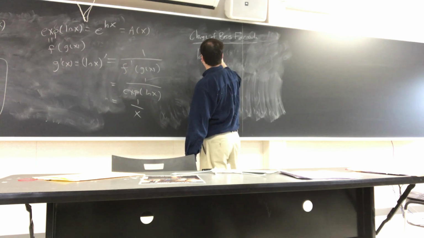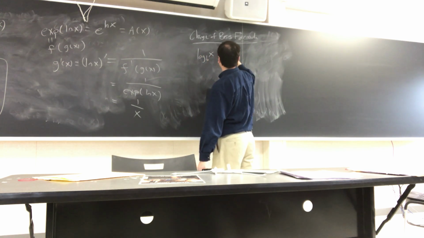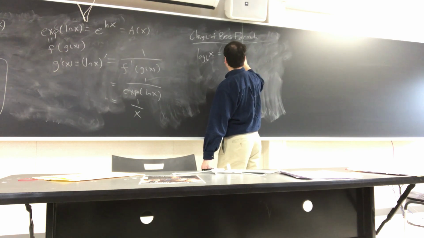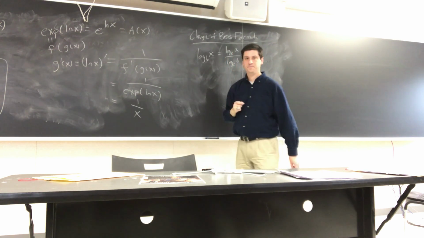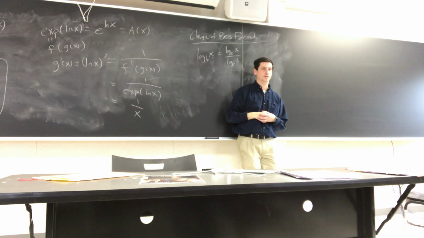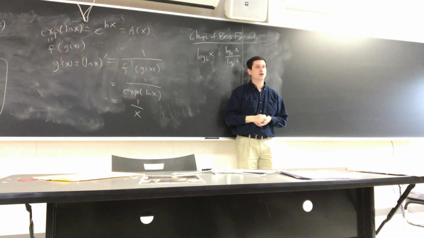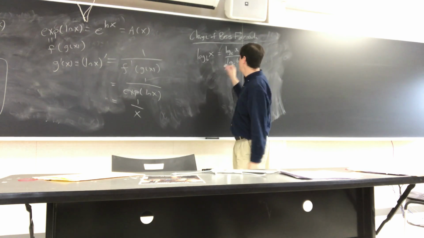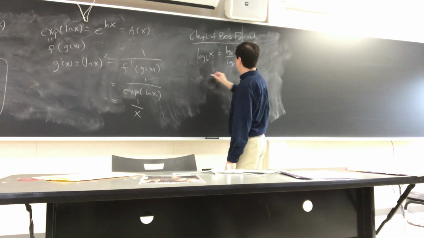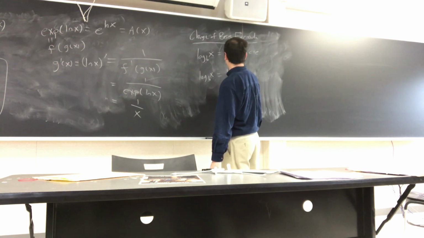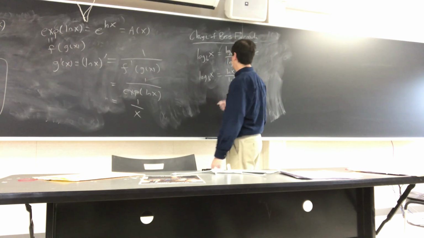The log of x base b is the log of x base c over the log of b base c. This is a great formula. It means if I understand logarithms in one base, I understand logarithms in every base. In particular, if you take c equals e, you get the log of x base b is the natural log of x divided by the natural log of b.